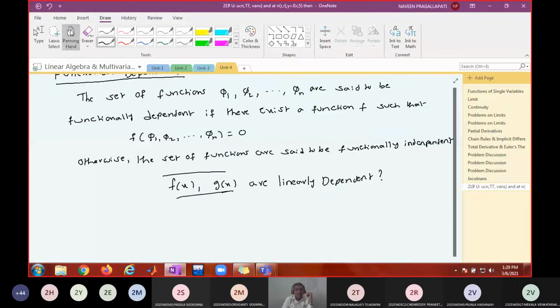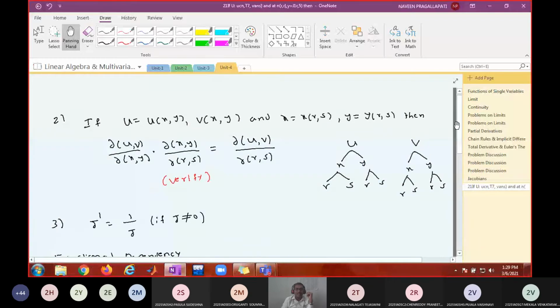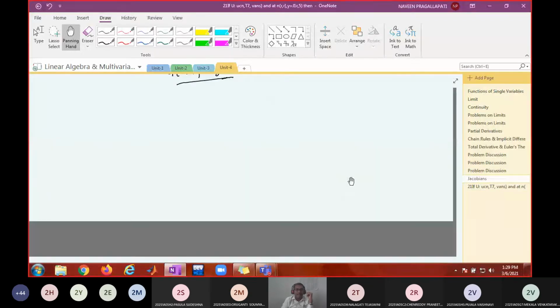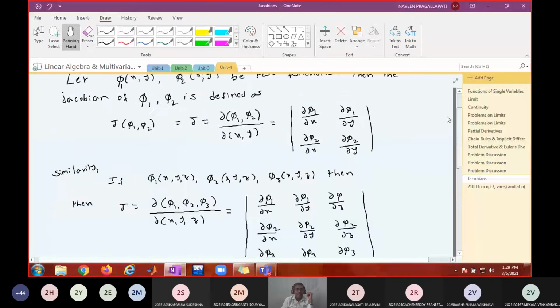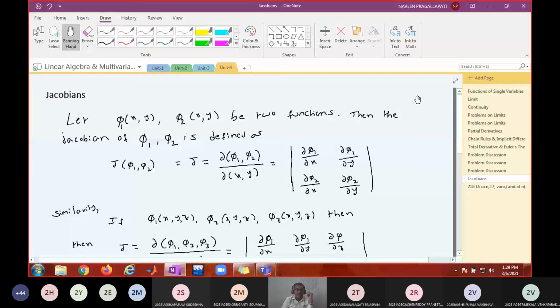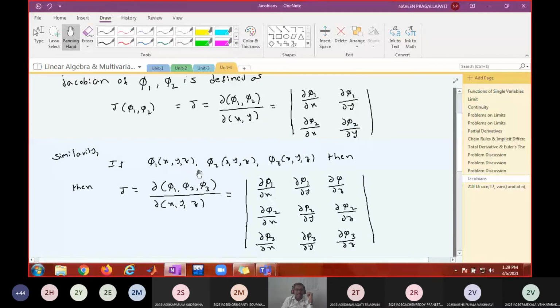Jacobian. They are functions of single variables. Jacobian, I am talking for functions of several variables. For Jacobian, each one must be a function of several variables. See, if you are given two functions, then the two functions must be functions of two variables. If you are given three functions, then the three functions must be functions of three variables.